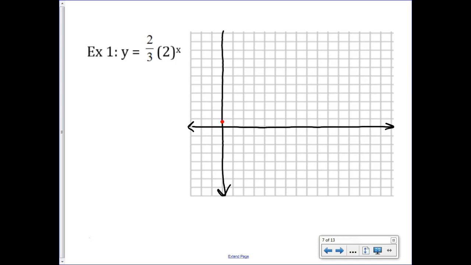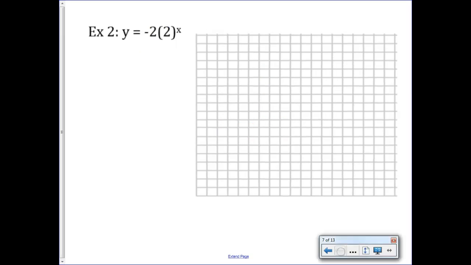And then when x is 1, that's 2/3 times 2 to the first. 2 to the first is 2, so 2/3 times 2 is 4/3, which is 1 1/3. So here's my graph, and here's my asymptote. There's our first exponential growth function.